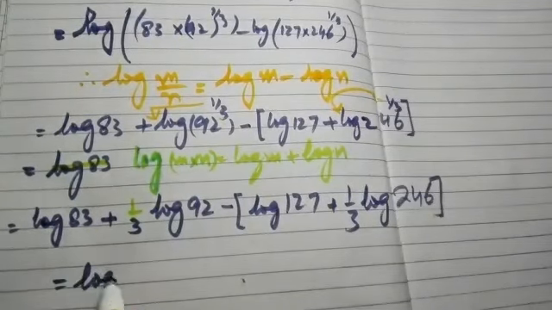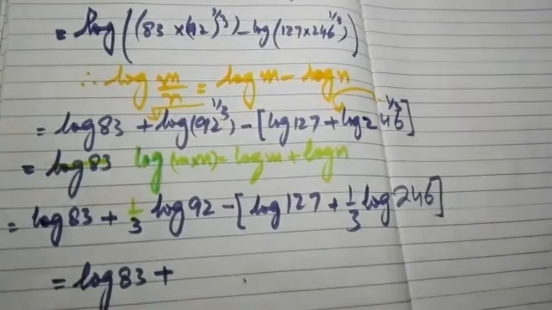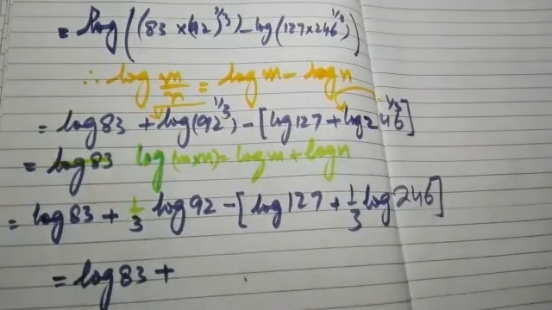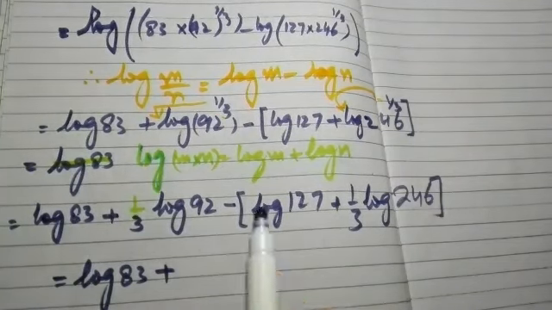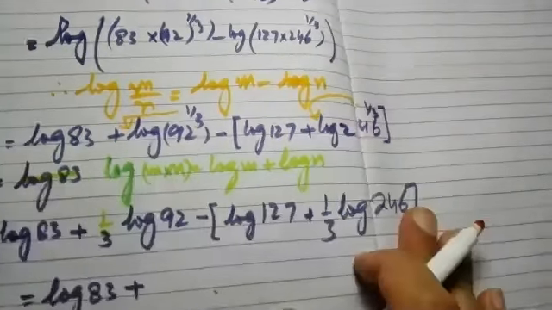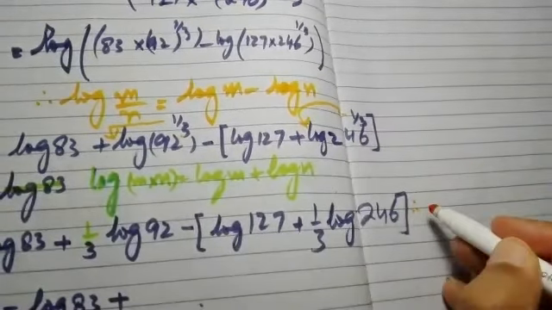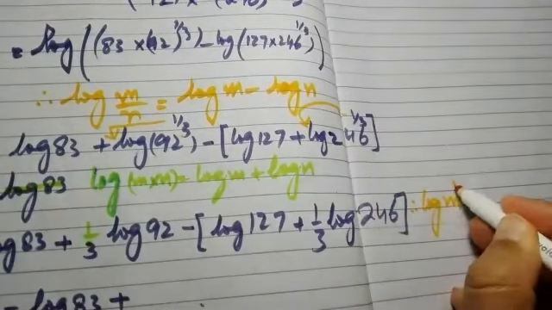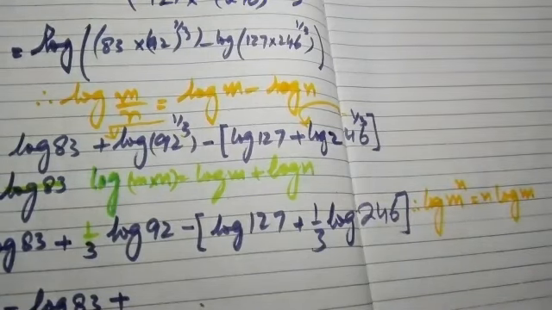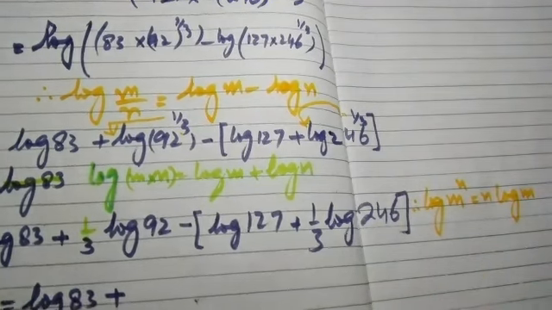Now this is log 83 plus 1 by 3 log 92. What we have done in this part is that we have converted the exponents to multiples. So I would write the reference right in front of it somewhere here: log m raised to power n is n times log m. You can write the step in your notebook in 2 lines or even in 3 lines, but do write the reference for whatever we are using.